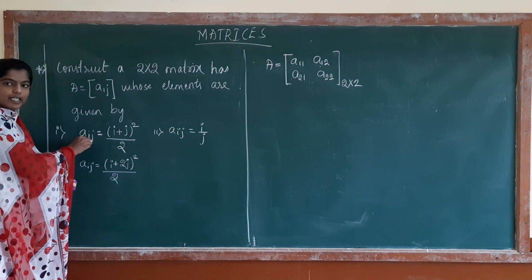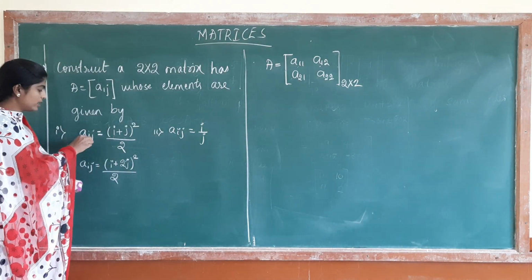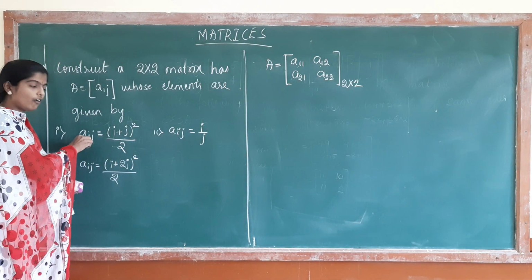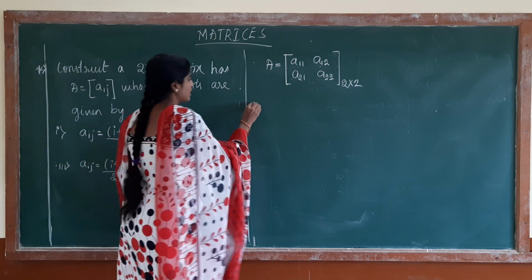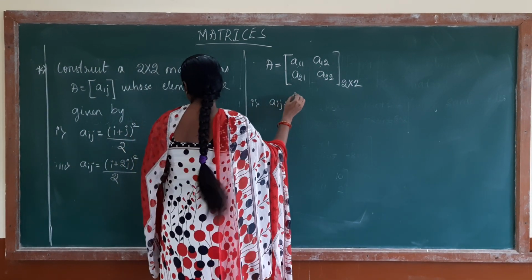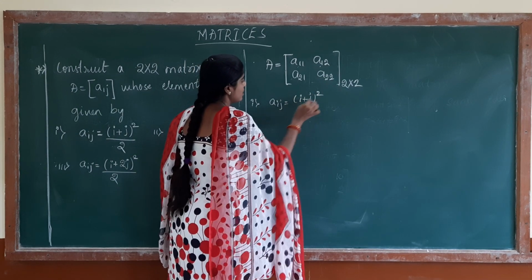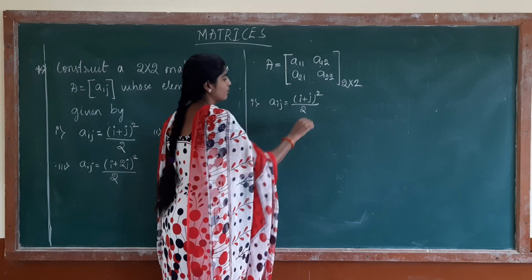Here I represents the number of rows and j represents the number of columns. Write down the first condition, that is Aij equal to I plus j whole square divided by 2.